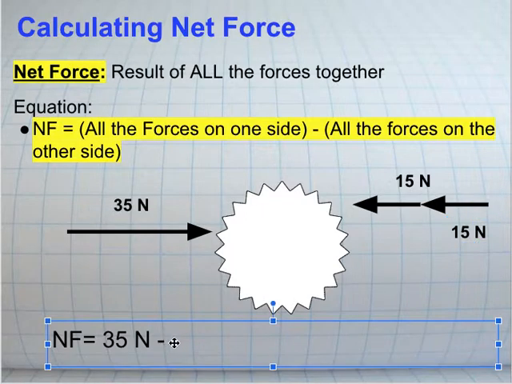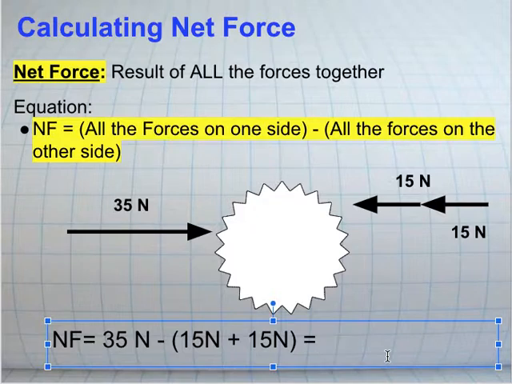So I'm going to go 15 newtons plus 15 newtons here. Now, I haven't talked about the minus sign yet. The reason I'm putting a minus sign between the 35 newtons and the 30 newtons that I've added together here is because they're going in opposite directions.